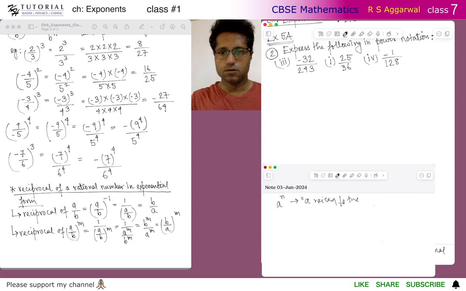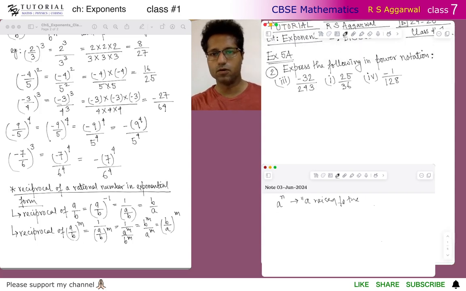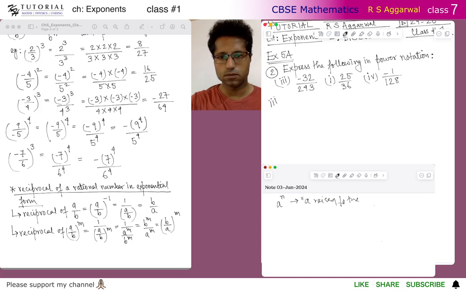Anyway, so express the following. These are problems from exercise 5a, problem number 2: express the following in power notation. We are given some rational numbers, and this is minus 32 by 243.